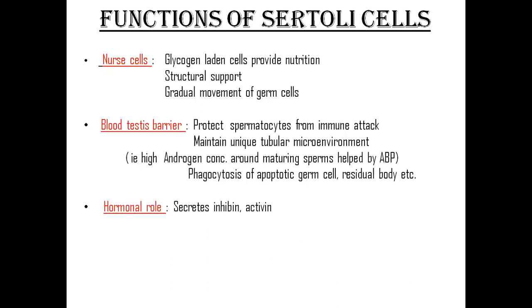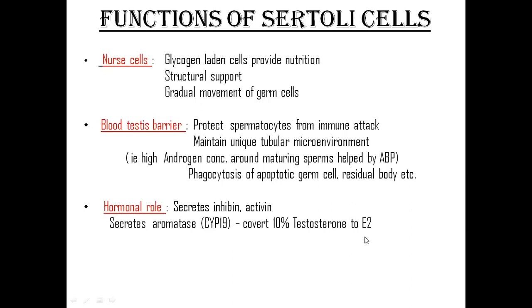Now coming to the hormonal role. Sertoli cells do not directly secrete hormone, but what they do is they secrete the inhibin and the activin, which has a negative feedback role on the testosterone secretion. Besides that, they have the aromatase CYP19, which converts 10% of testosterone to estrogen.